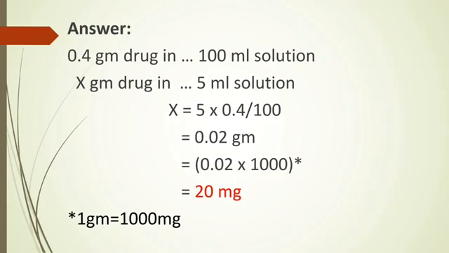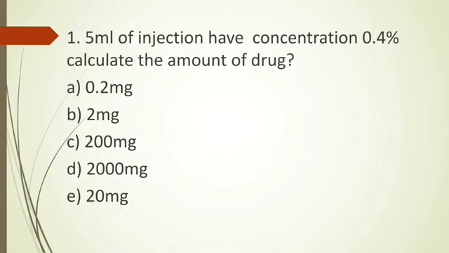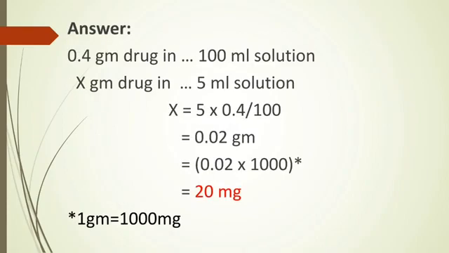0.02 gram. But if we see, the options are all in milligram. So as I said earlier, we have to convert gram into milligram. For that, we have to multiply the answer which is in gram by 1000.